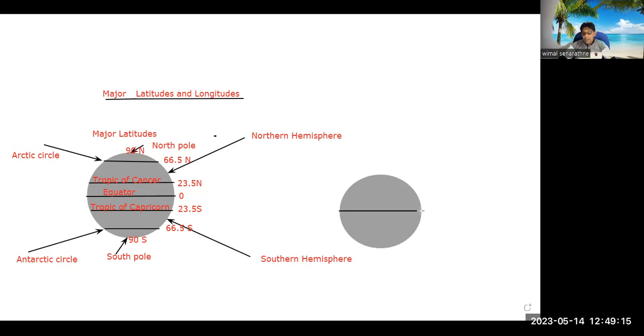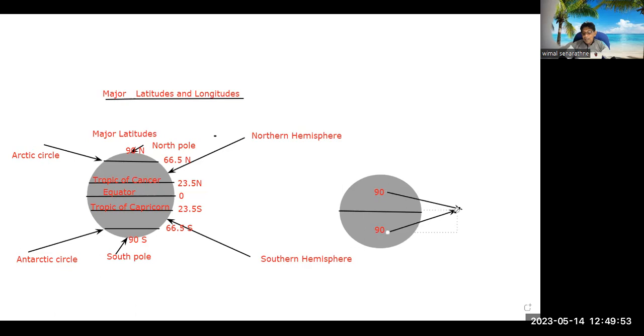There are 90 latitudes on the northern hemisphere, and there are other 90 latitudes on the southern hemisphere, making the total 180.